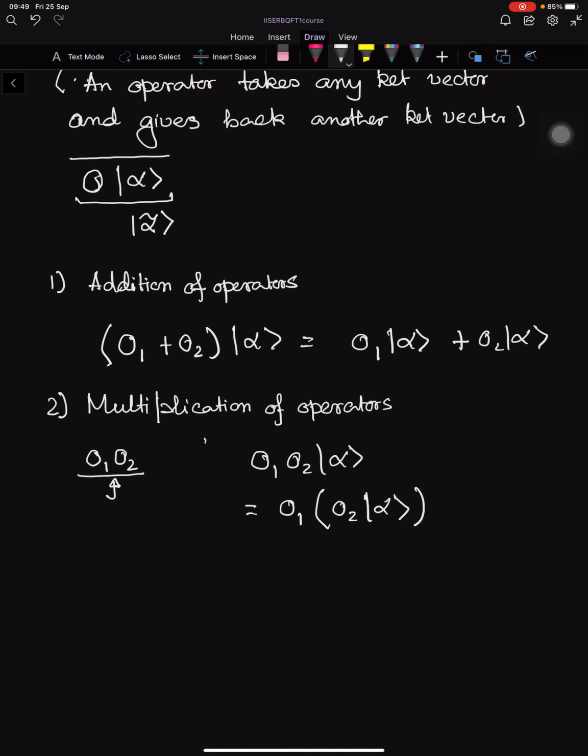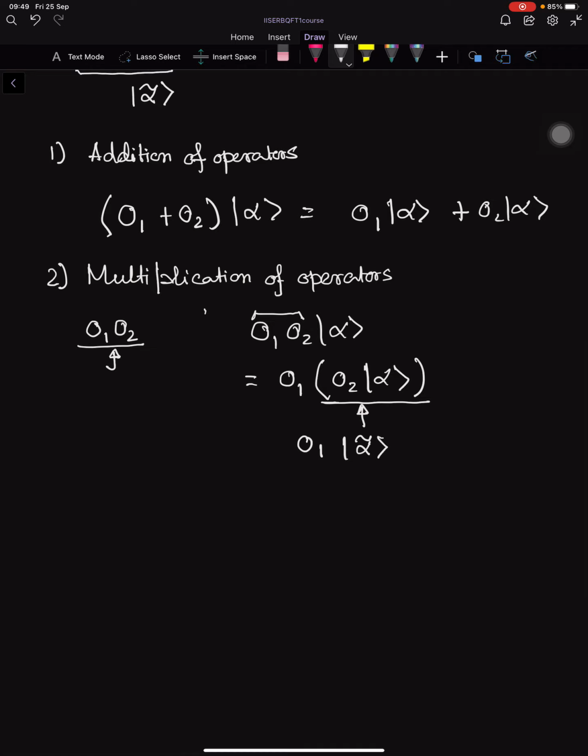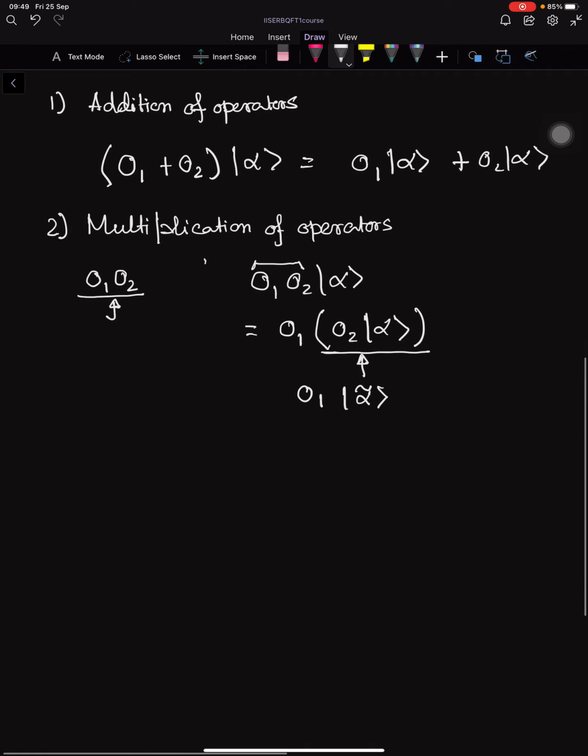This is confusing, because it is not at all clear what is the action of this operator, but O2 alpha is another ket vector, alpha tilde, and given another ket vector we know what is the action of O1, right? So just from this definition of how the operator acts on any element of the Hilbert space, you can define addition and multiplication of all these operators.